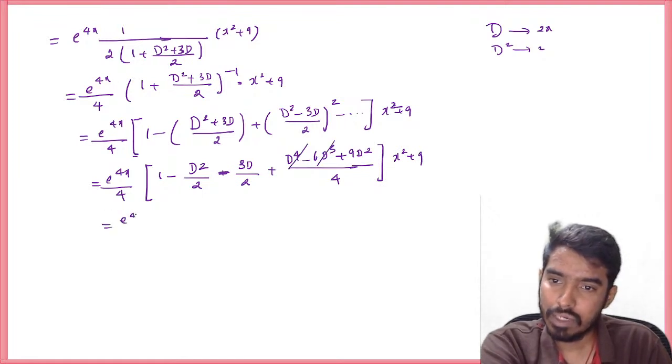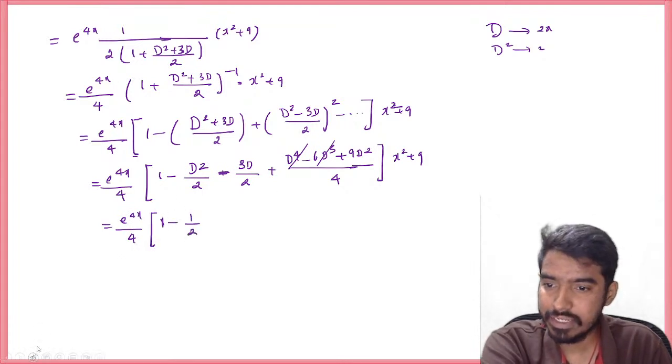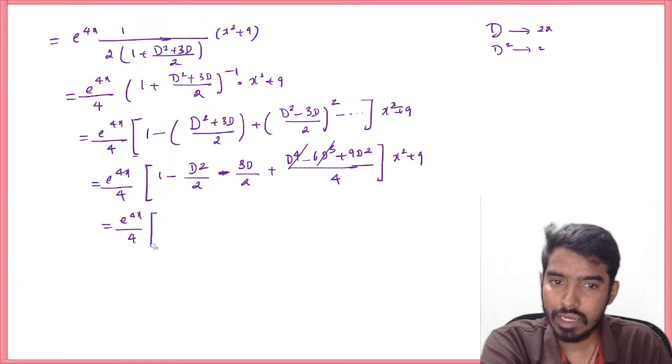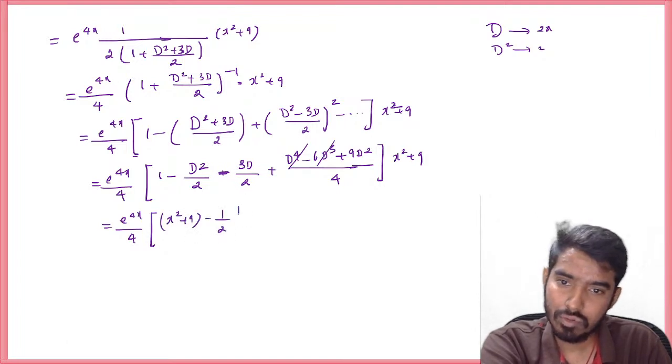So we have e power 4x by 2. Let's multiply this x square inside. So we have x square plus 9 into 1 is x square plus 9, minus 1 by 2 d square of x square plus 9, minus 3 by 2 d of x square plus 9.